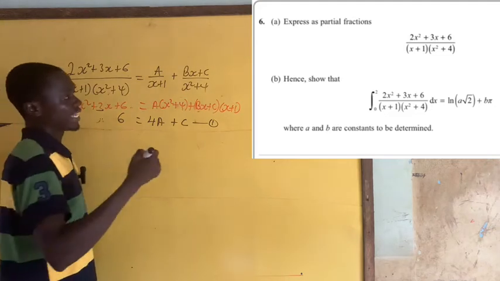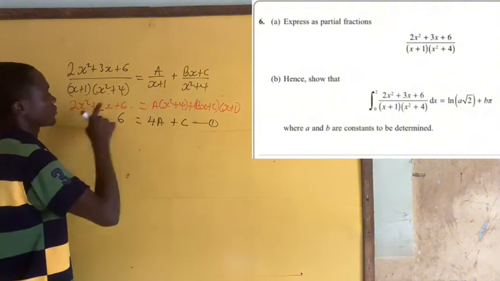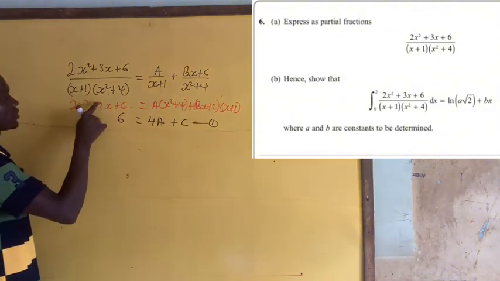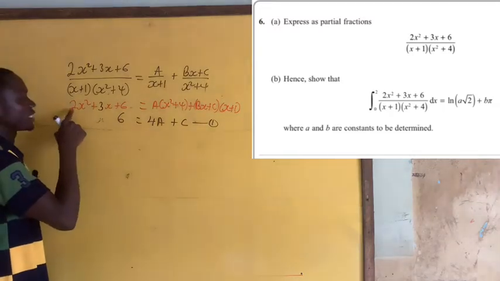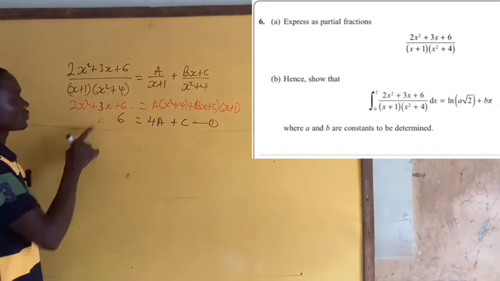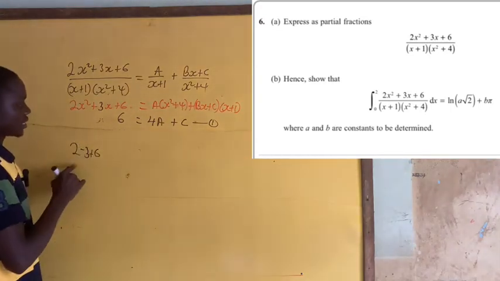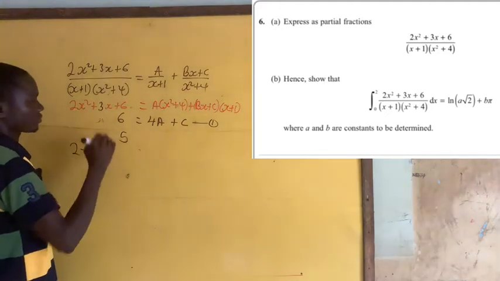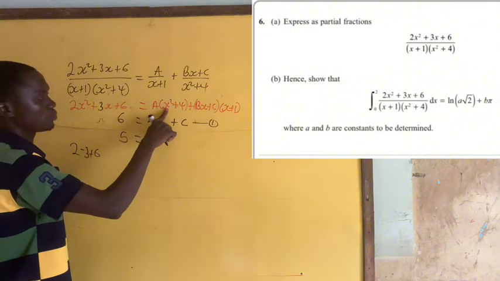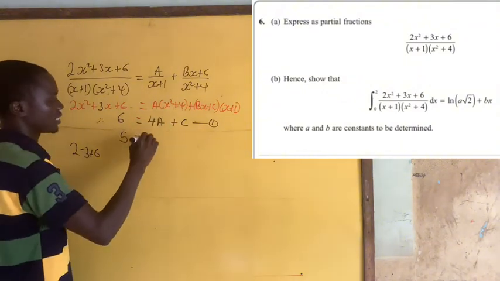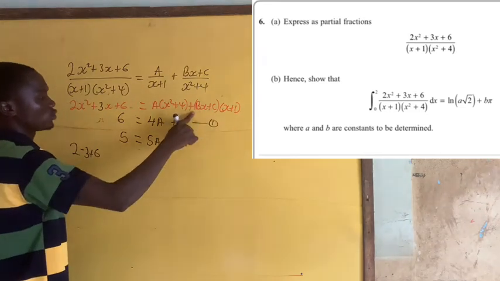Let's put x equal to negative 1, because negative 1 plus 1 is 0, and 0 times all these will be 0. Putting negative 1 on the left: negative 1 squared is 1 times 2 is 2, negative 1 times 3 is minus 3, plus 6, which gives 5. This equals 5A, since negative 1 squared is 1 plus 4 is 5.